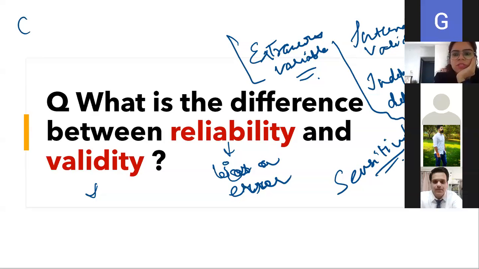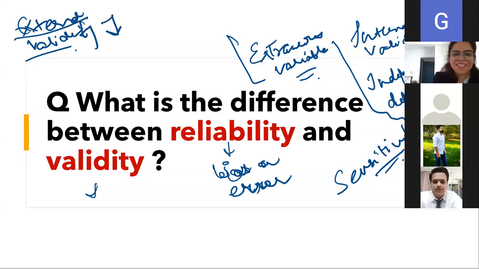Let's first come to external validity. What is external validity? Ma'am, the extent to which the findings of the experiment can be generalized.